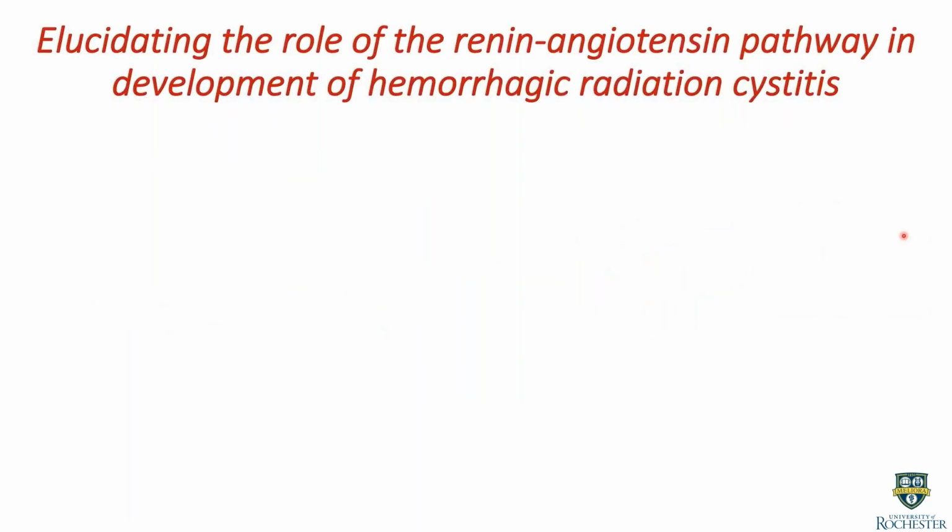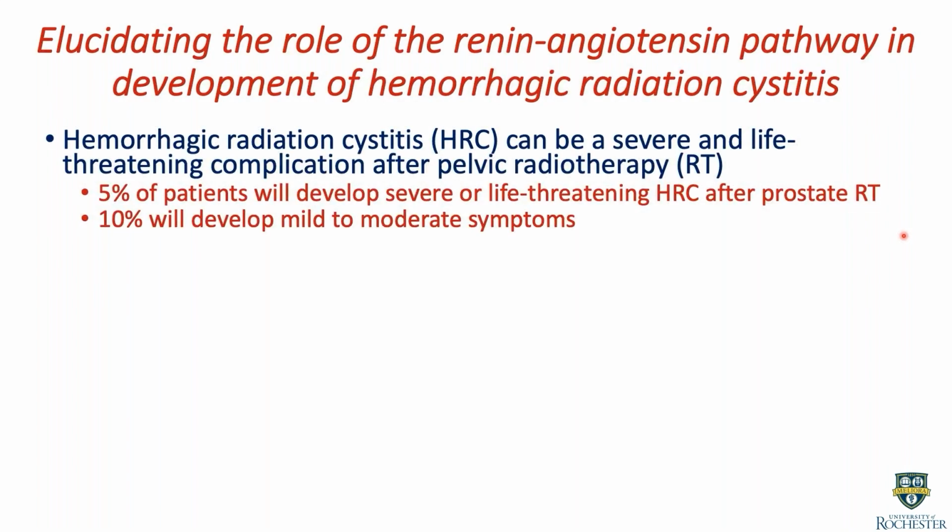So I'll now switch to look at work in radiation-induced bladder toxicity. And really, this is elucidating the role of the renin-angiotensin pathway in the development of hemorrhagic radiation cystitis. So hemorrhagic radiation cystitis can be a severe and life-threatening complication after pelvic radiotherapy for patients treated for prostate cancer.